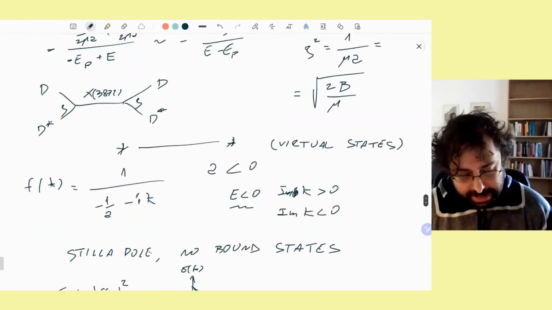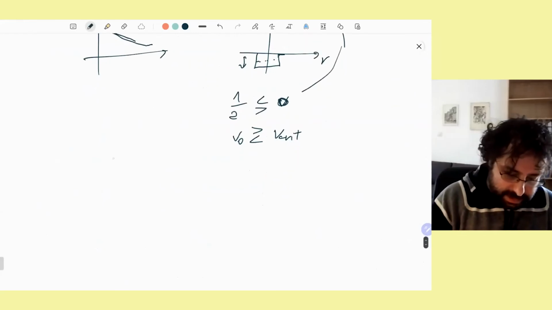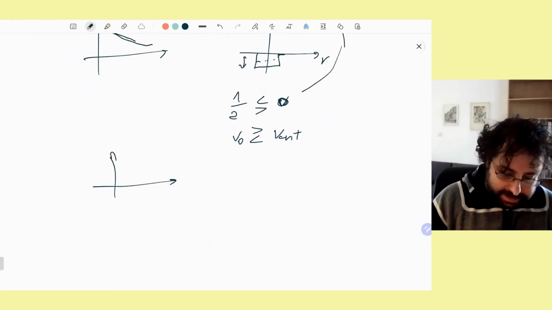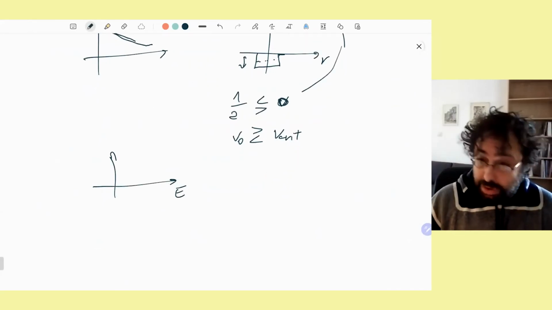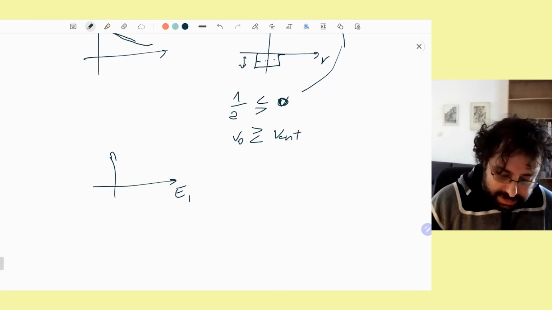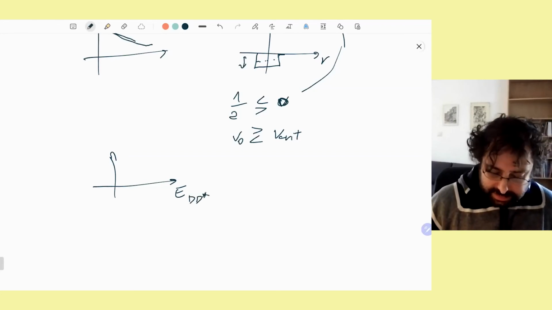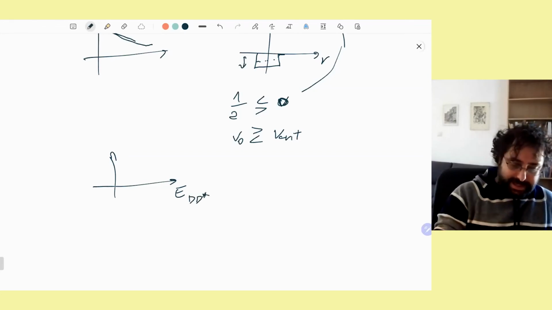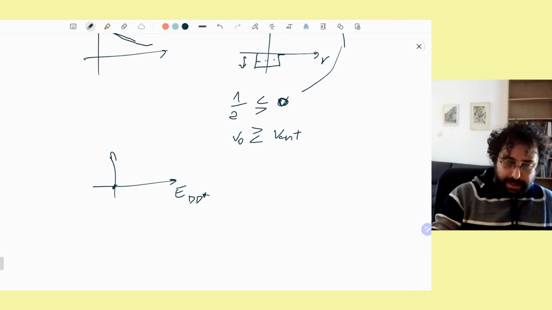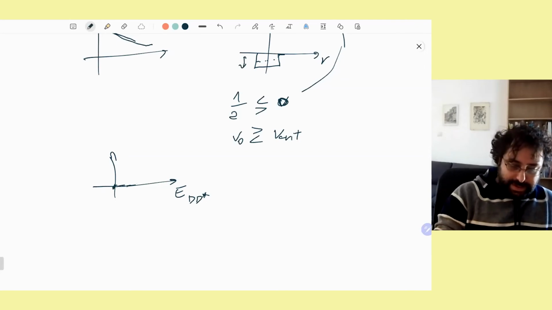So practically speaking, what does this mean? That if you consider the total energy, for example, of the DD star system, and this is the DD star threshold. So this is where the physical scattering happens.